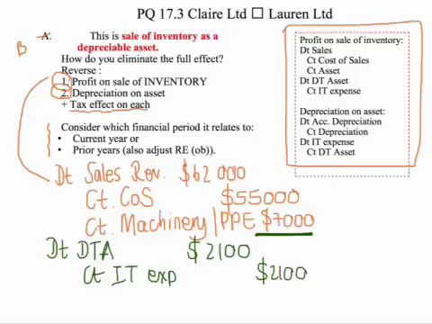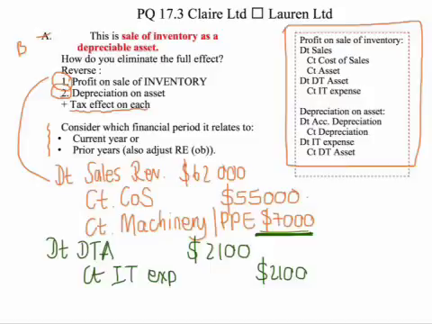Okay, so as I've mentioned, from a group perspective, there weren't any sale of inventory and purchase of machinery or property or plant and equipment. From a group perspective, there was just a reclassification of inventory to machinery at the same value or cost that it was included in inventory.